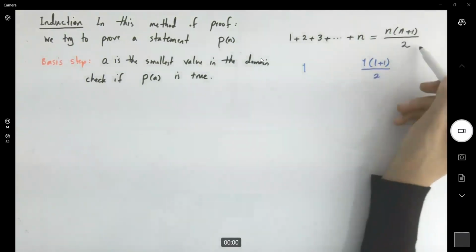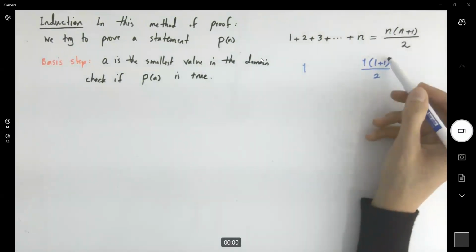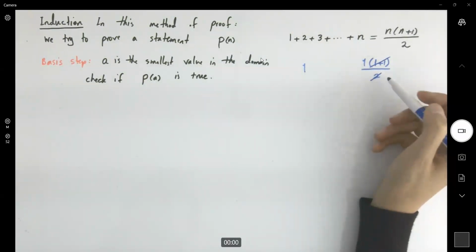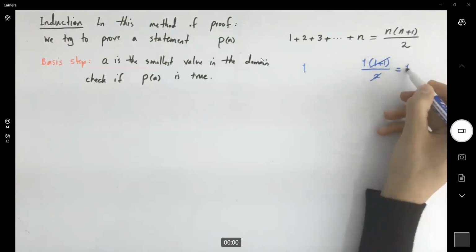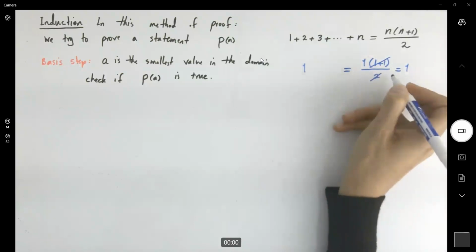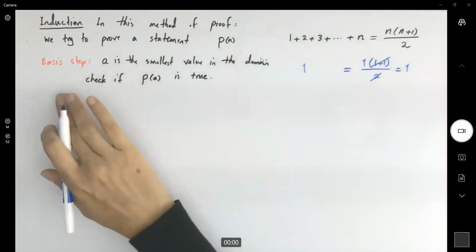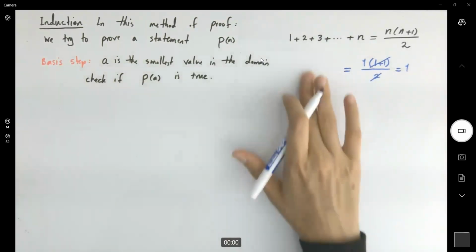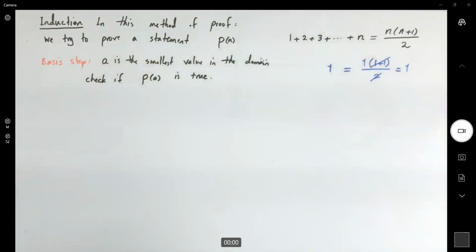Left-hand side and right-hand side need to be equal to each other. If you simplify this, 2 and 2 get canceled out. So both sides are equal to 1. It means that the basis step is true, and you're allowed to go to the next step.